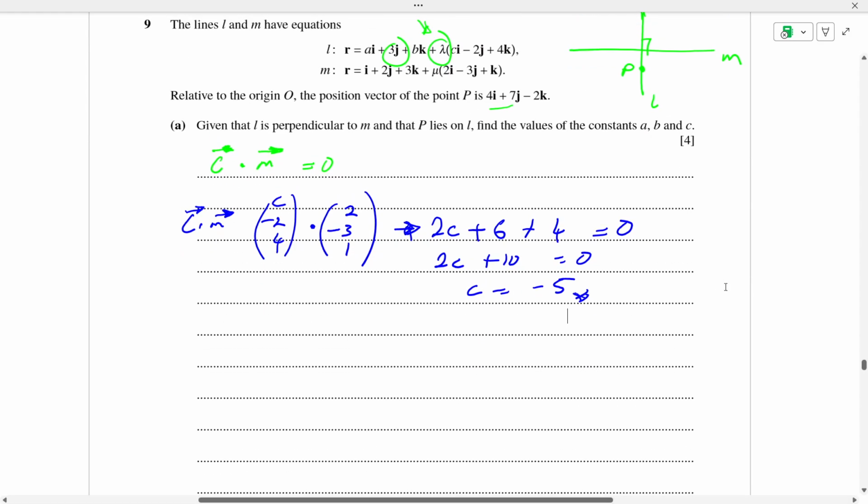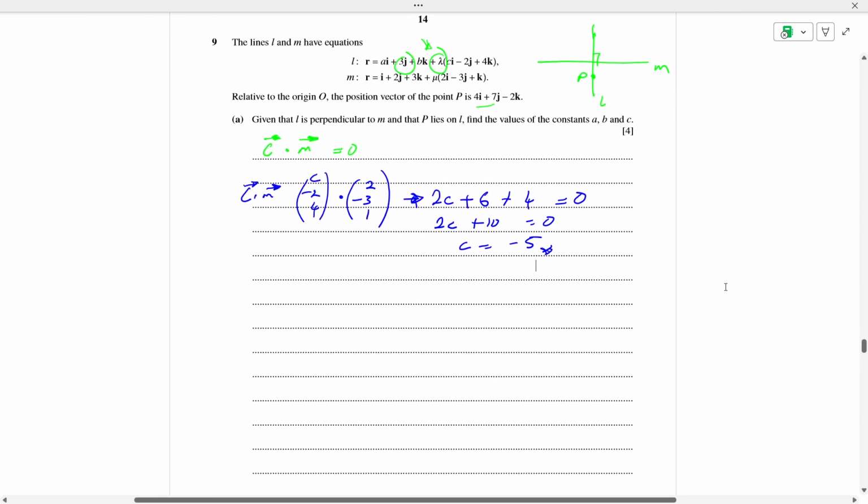Then we want to use the fact that we have point P to find what lambda will be. Remember, r is simply a substitute for x, y, z, like that.